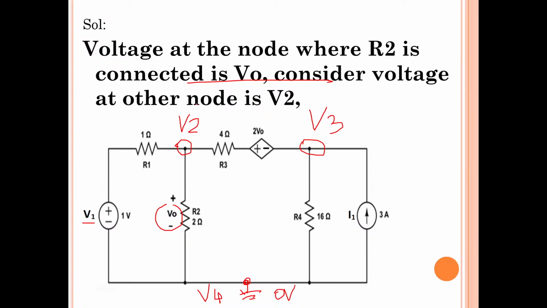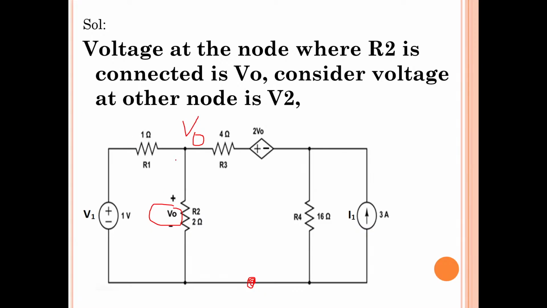But what I have written above on the slide is the opposite way. Since the voltage across R2 is V0, that is what I have written at the top. I didn't read that. Even if you assume the way I have told you, V2, V3 and V4, you can write down the equations based on the assumed nodes.